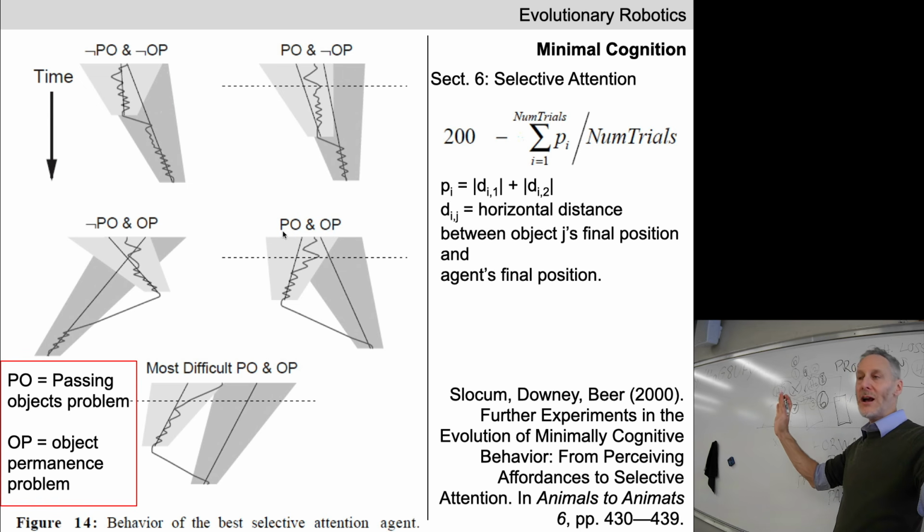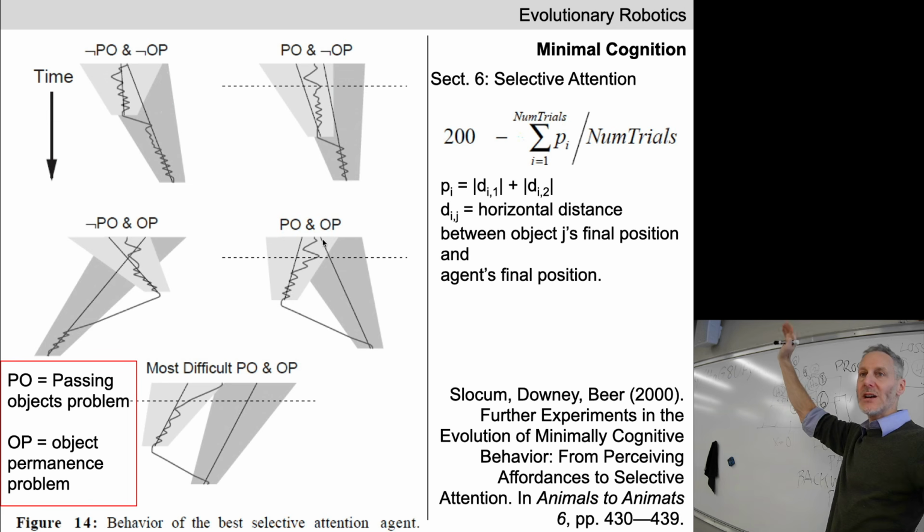All right, trial number 4, let's make things harder on the agent. Now, the trapezoids are going to gradually stop overlapping. We're going to have the object permanence problem and the passing objects problem. So the darker object here is initially closer but hits afterwards; the lighter object is initially further away but is going to hit first.